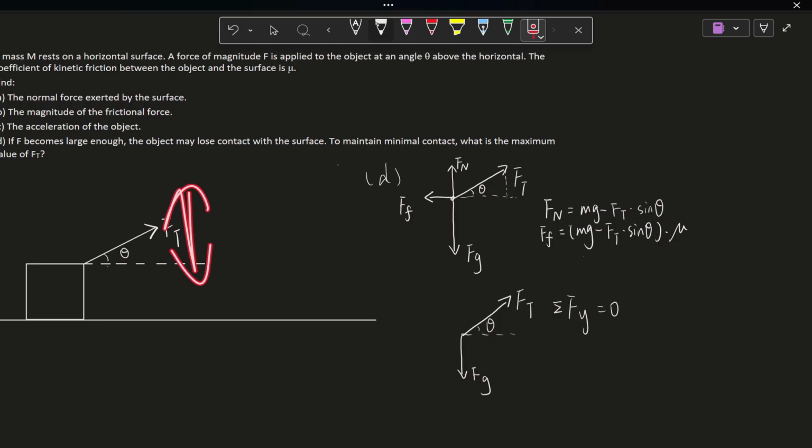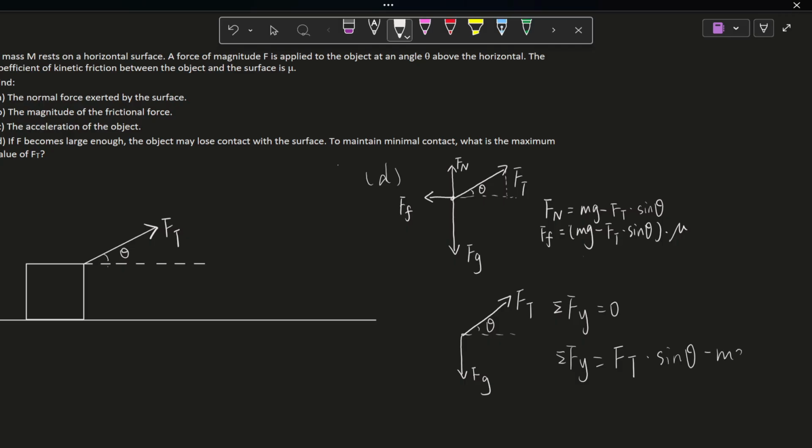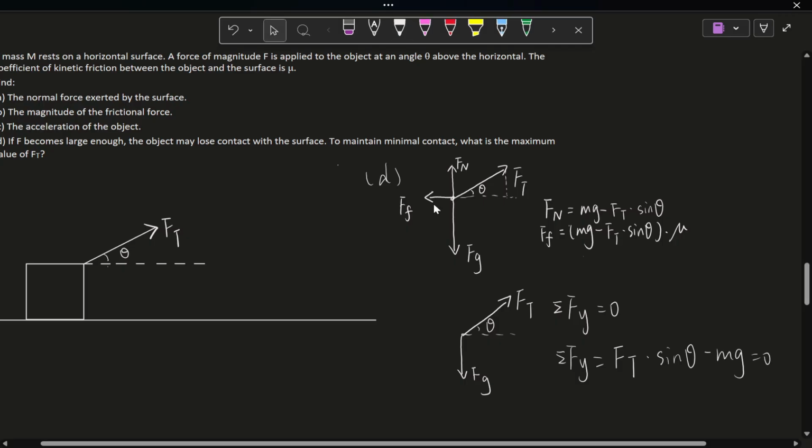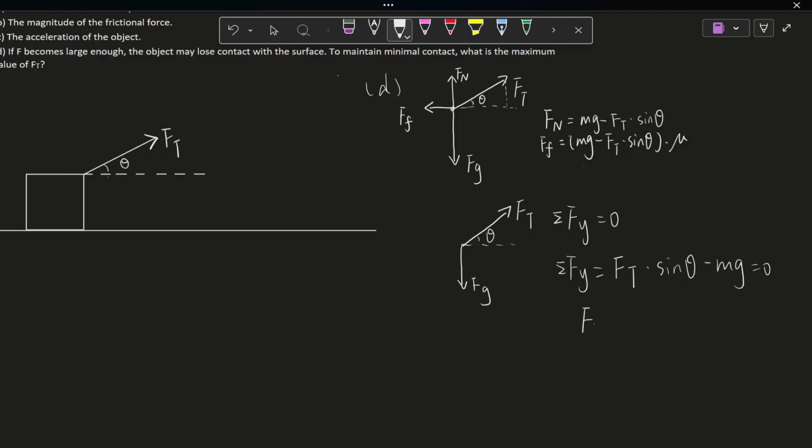So we can write the net force in the y direction is equal to 0. Now let's break them down into components. Net force y is equal to, using trig, Ft times sine theta minus mg equals 0. We get Ft is equal to mg over sine theta.